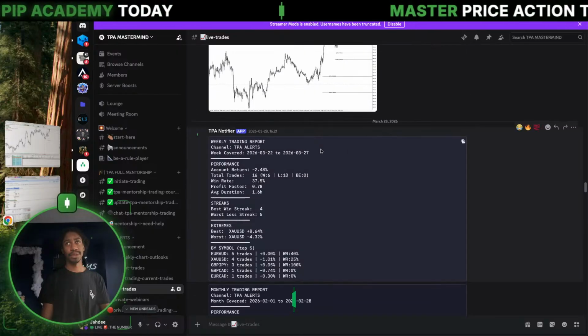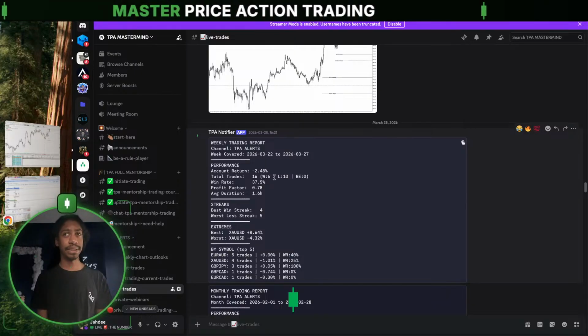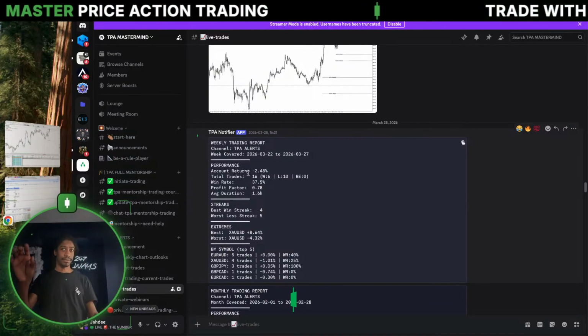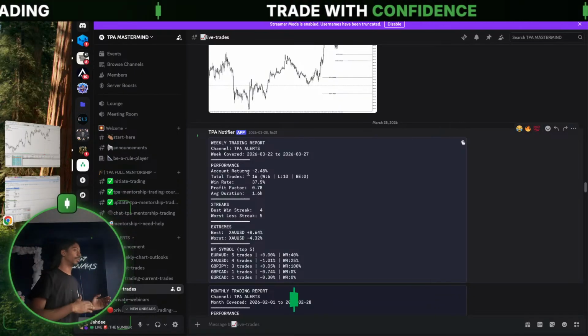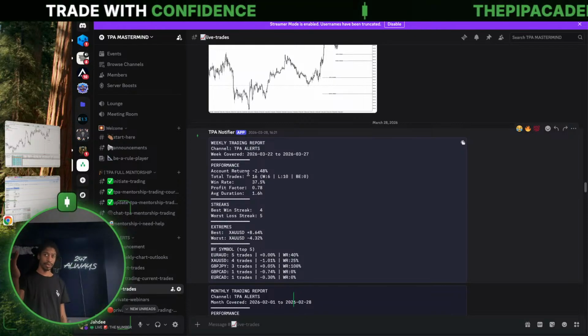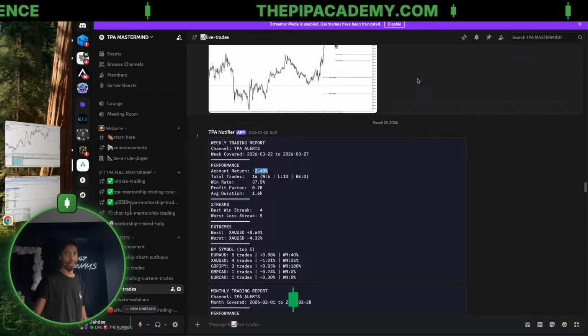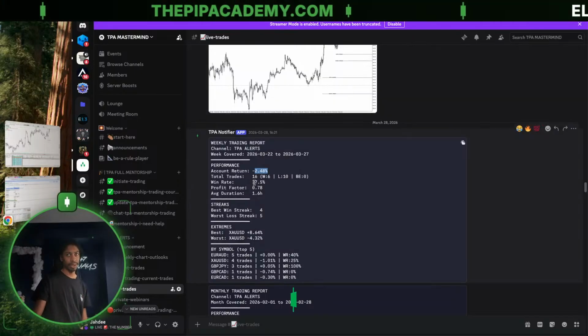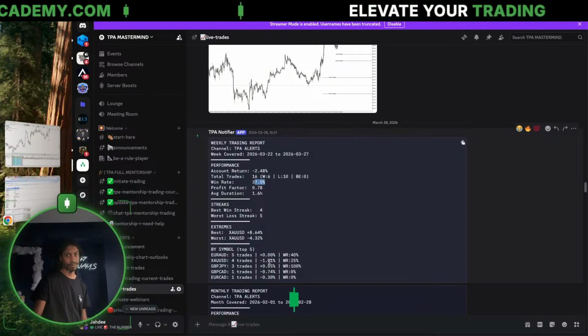And then what is this? This is the weekly. So it gives the weekly update, like I said. So that week prior to all this information, because we're going from most recent to least recent, the week closed negative 2.5% on my account, 37% win rate, and this is just for the week.